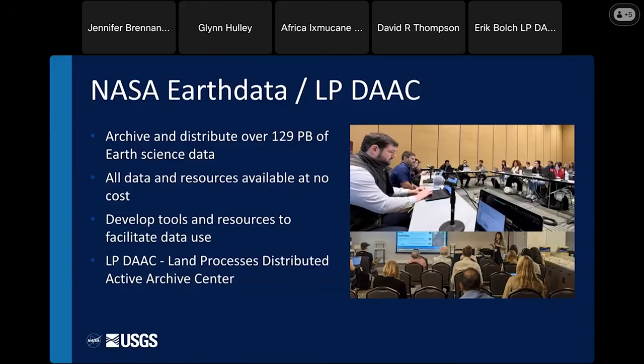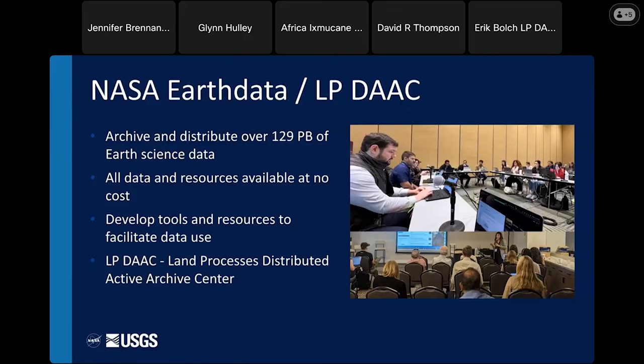And so all these data and the resources we produce are available for free. You can get them from the Earthdata website and through some other applications.